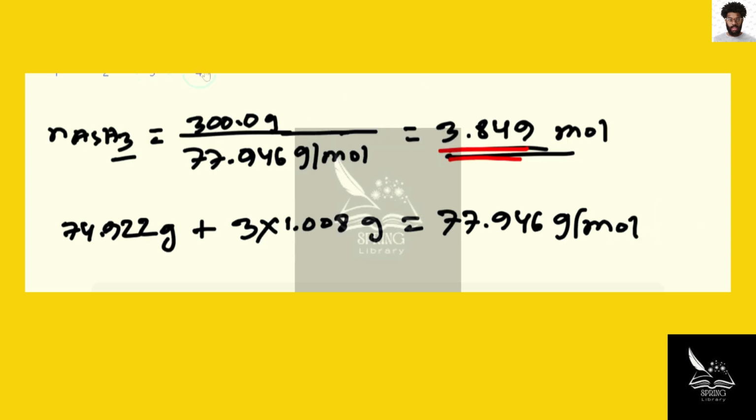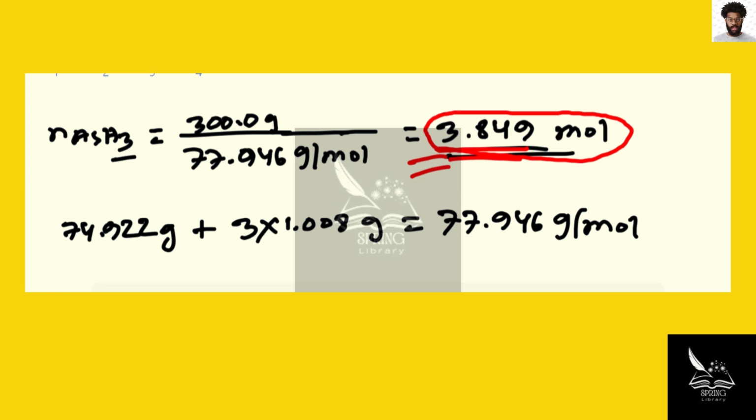So the point here is, arsine gas is our limiting reactant, since it is lower in amount, and since we need the same number of moles of both reactants, the reactant which is lower in amount will be completely consumed, and the reactant which is completely consumed is what we call the limiting reactant.